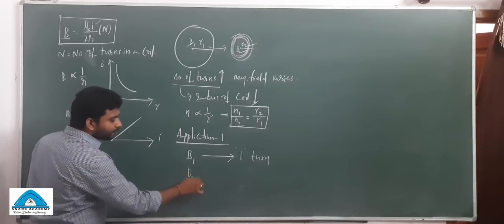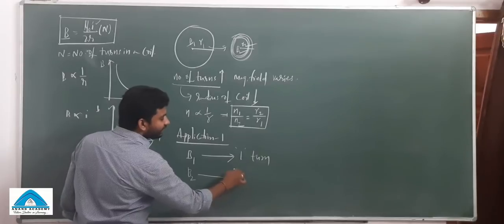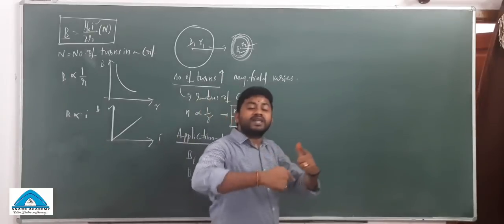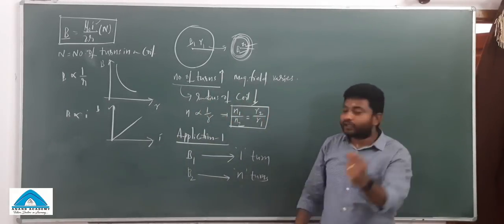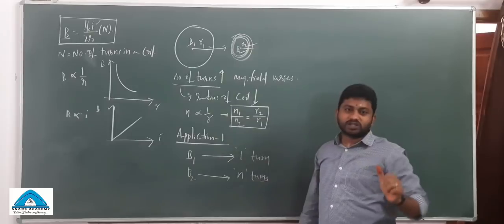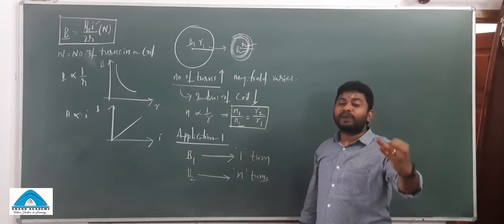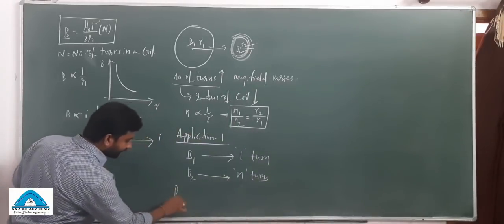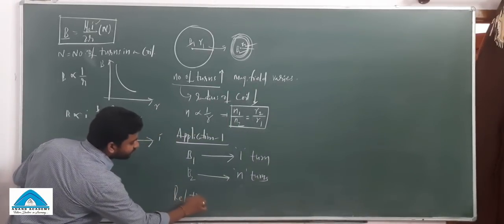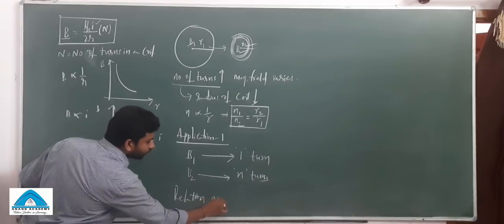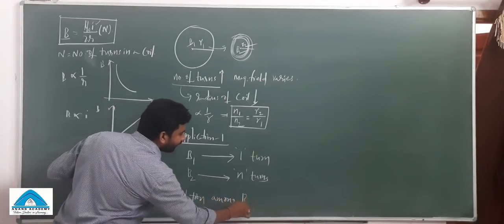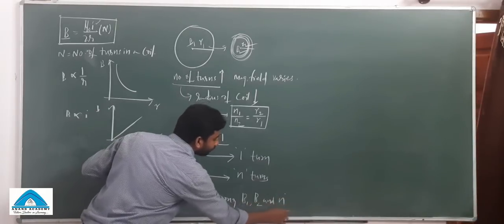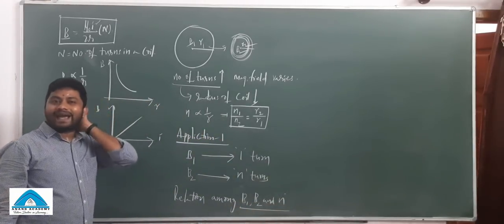B2 is the magnetic field when the same coil is made into n number of turns. Now the question is, you need to find the relation among B1, B2 and N. Are you ready now?